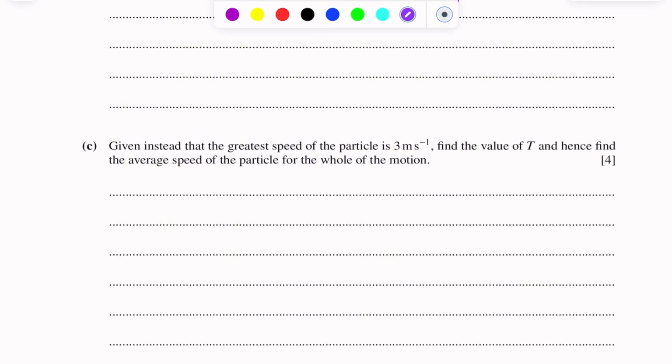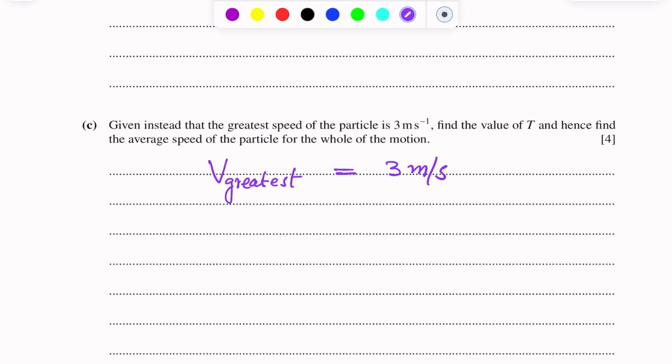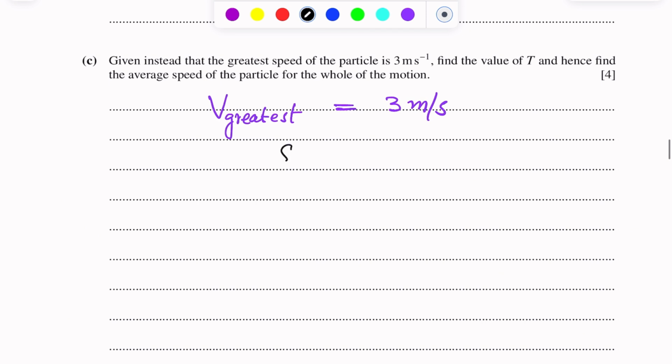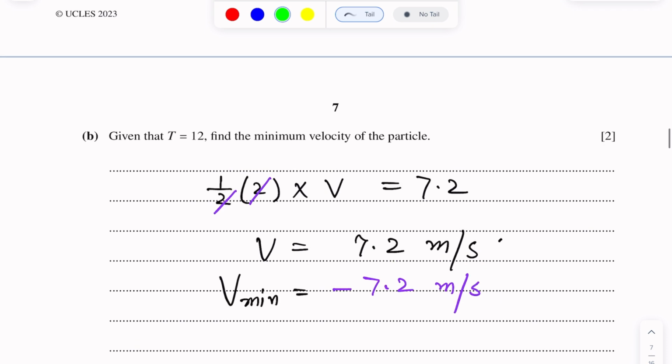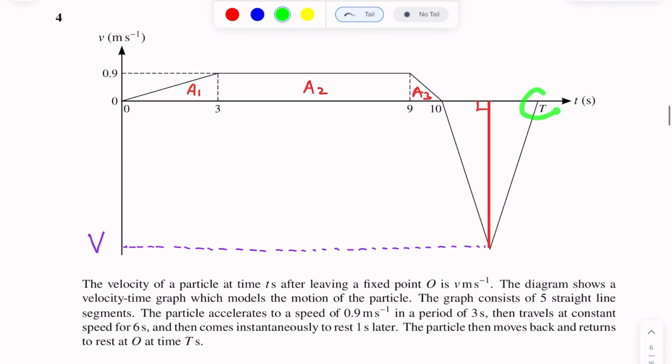Now, given that the greatest speed is equal to 3 meters per second, and the distance is 7.2 meters. Now we have to find the value of t.